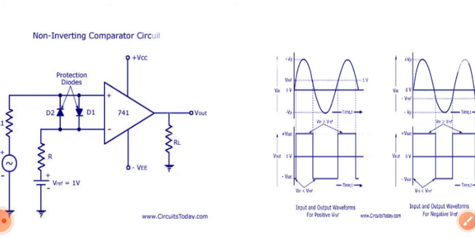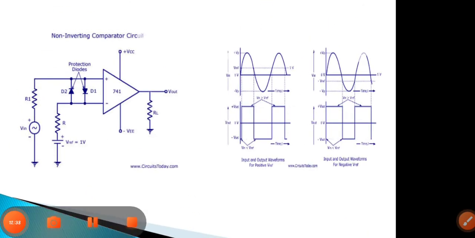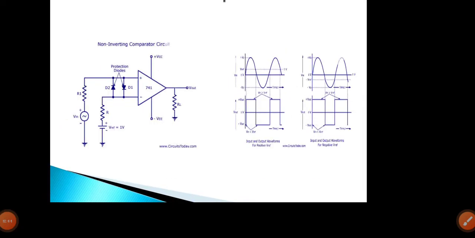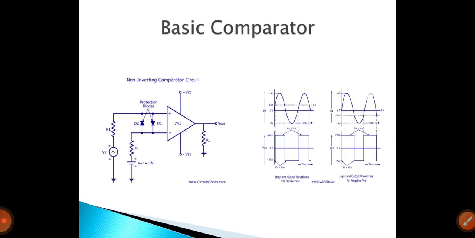How V reference can be defined by using this circuit. If the positive saturation is like that and the negative saturation is like that, we are going to study about this circuit. This is the circuit of the non-inverting comparator. It is called a basic comparator.